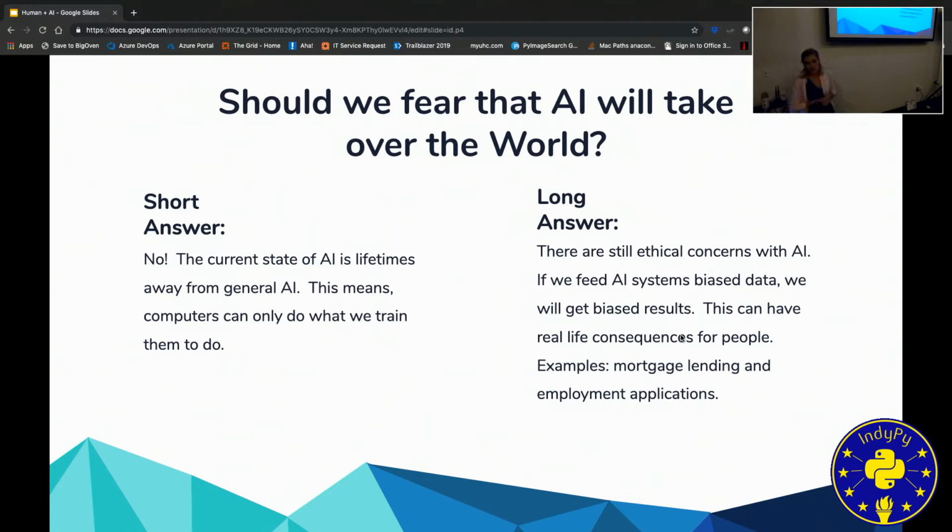But the long answer is there are still ethical concerns with AI. If we feed AI systems biased data, we will get biased results. And this can have real-life consequences for people. One example is the mortgage industry.